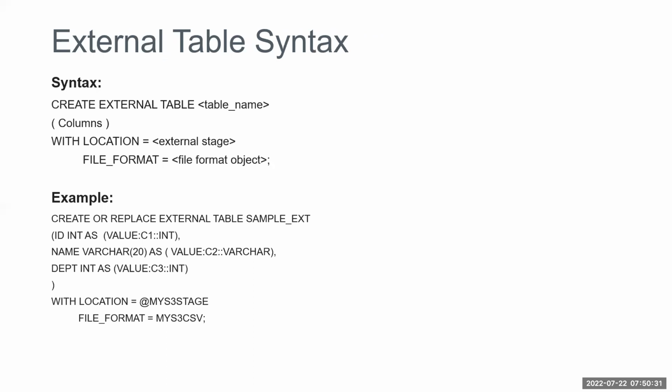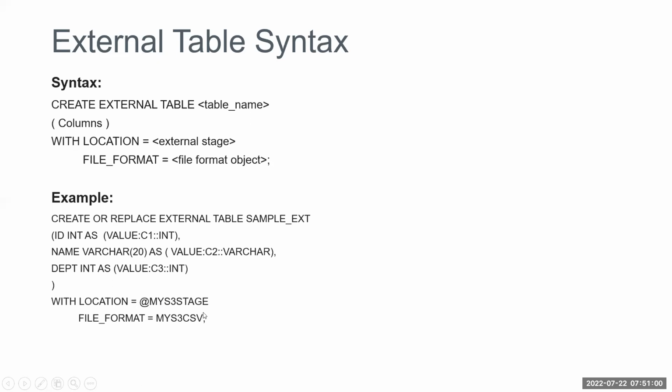And this is the syntax for creating external tables. Create external table, table name, then the list of columns we have to specify, and the location. Location means the external stage object you have to mention. Whenever we want to list the files, we write the command list @stage_name.